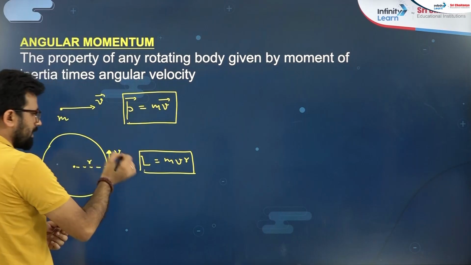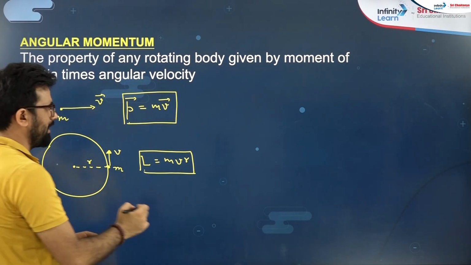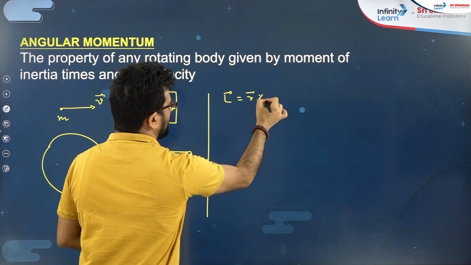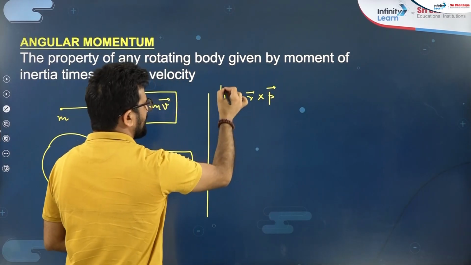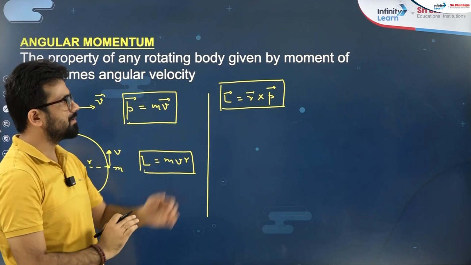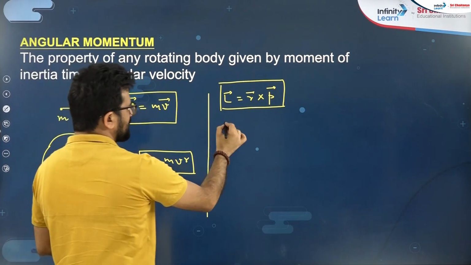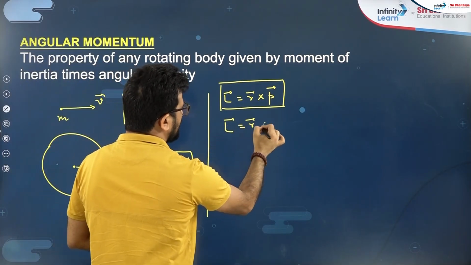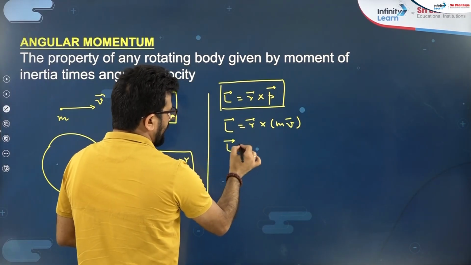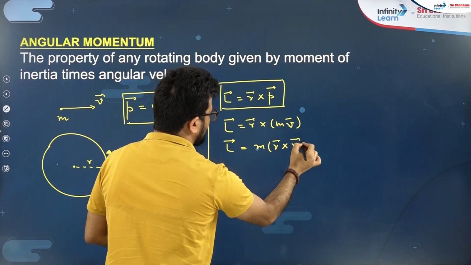And if we go to its vector form, we write L is equal to r cross p. R is the radial vector and p is the momentum. Then we can say L is equal to r cross m v, so L is equal to m r cross v. That is one way to write it.